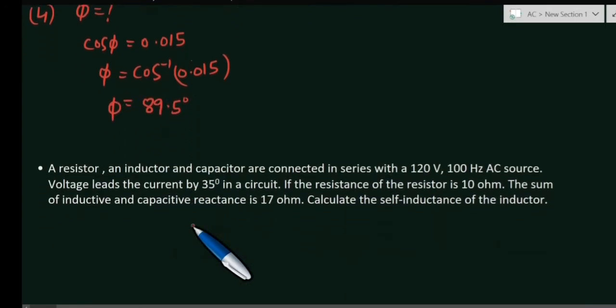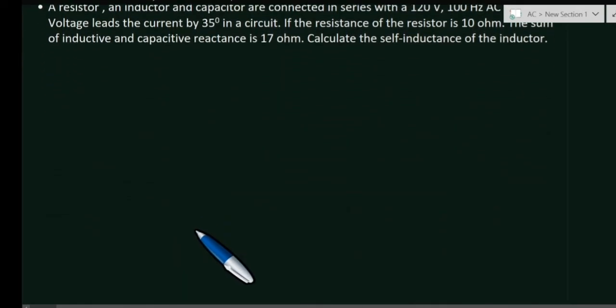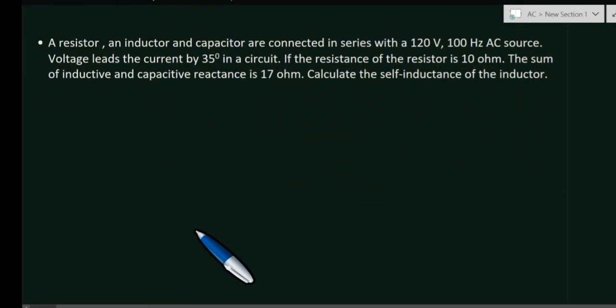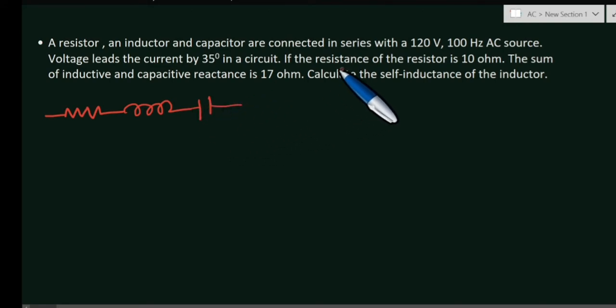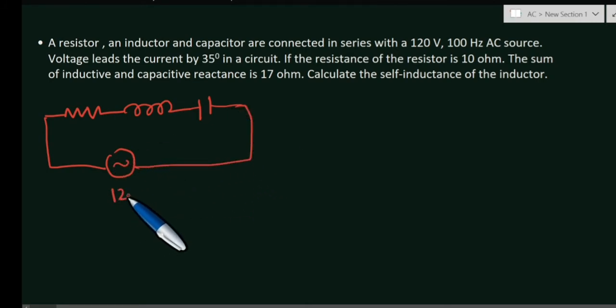And next question. A resistor, an inductor and a capacitor are connected in series with 120 volt 100 Hertz AC source. So they have given here a resistor, an inductor and capacitor. All these are connected in series with an AC source of 120 volt.